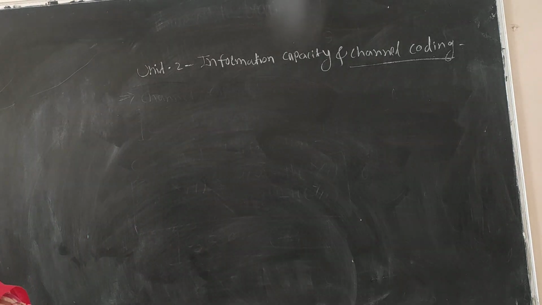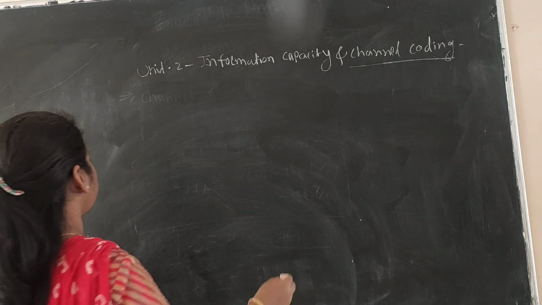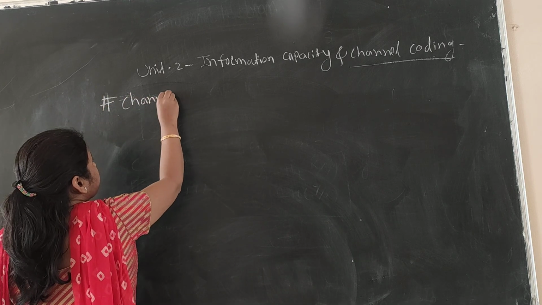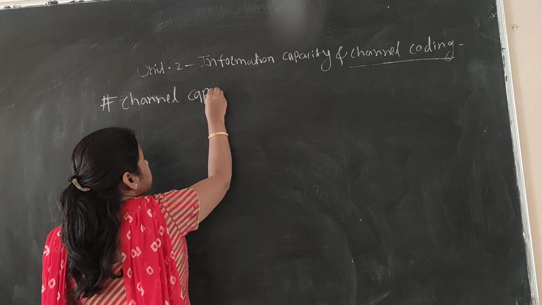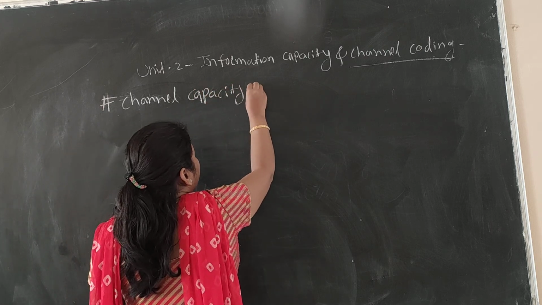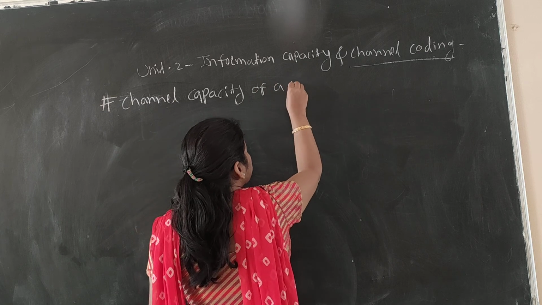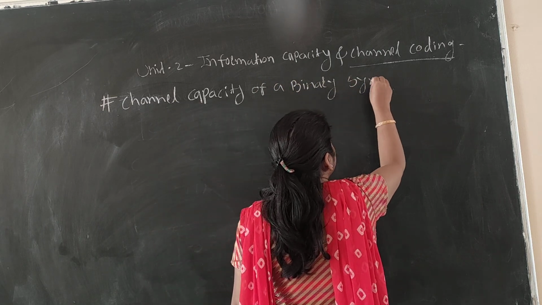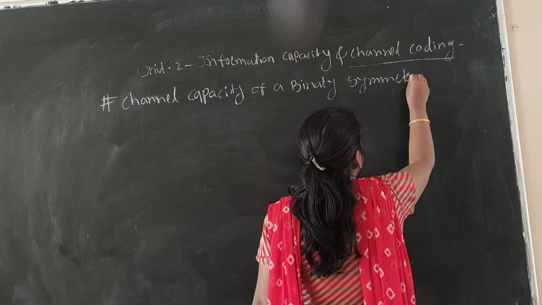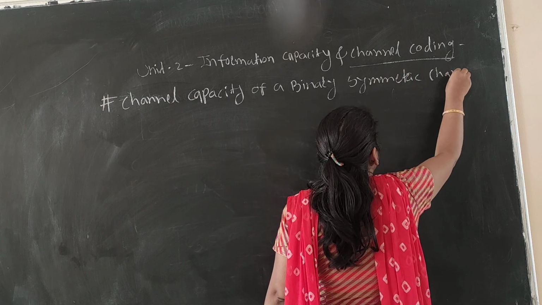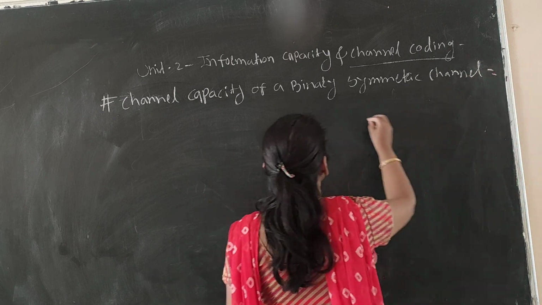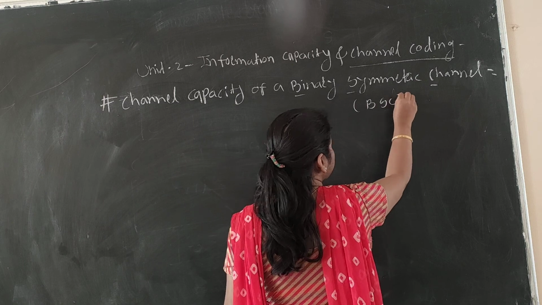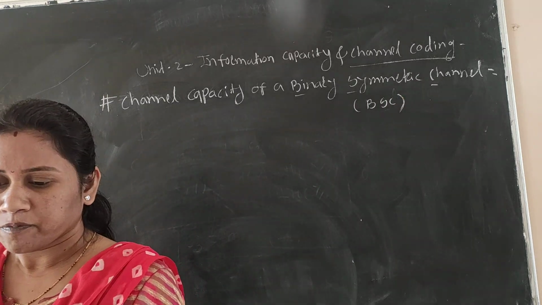Now, next, the channel capacity of a binary symmetric channel. It is the type of channel called BSC, binary symmetric channel.